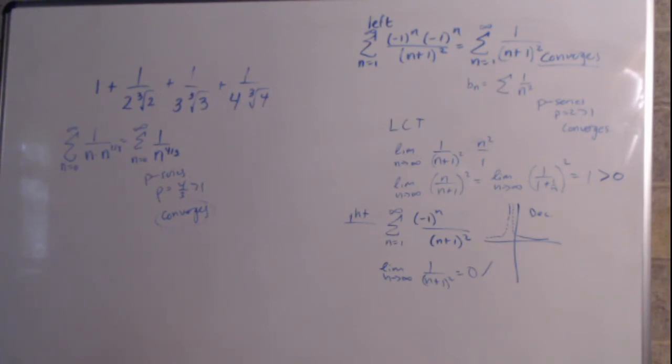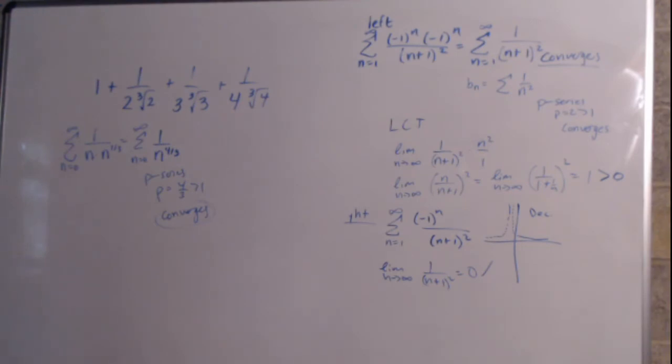Can we do 3b? What is 3b? Oh, of course you'd want to do 3b, wouldn't you? Let's see. That one... trying to think if ratio or the root test might be better for that one. Let's see.